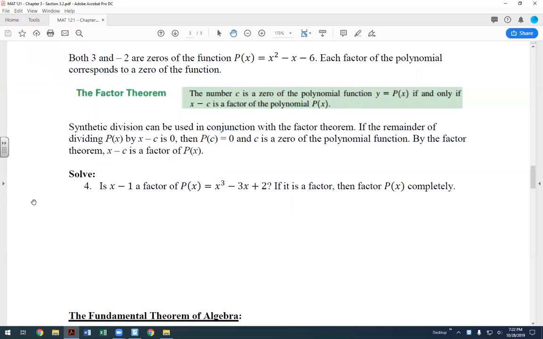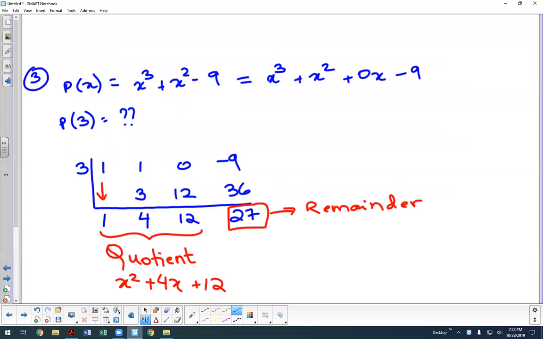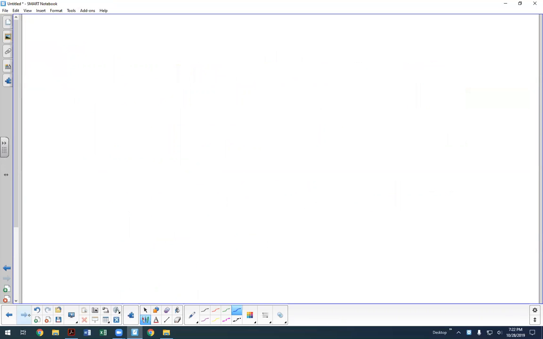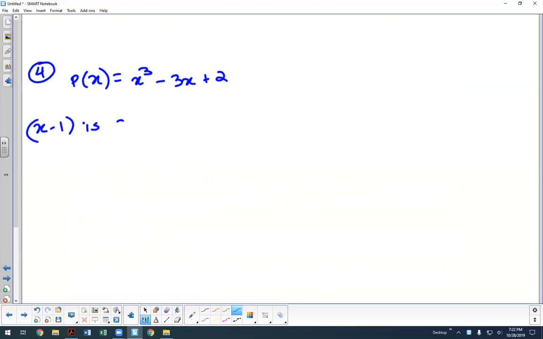So basically, anytime you're testing to see if a number is a factor, you're looking for that 0 remainder. That's basically what this little paragraph here is saying. So let's check and see what happens with number 4. So this time our polynomial is x cubed minus 3x plus 2, and they want to know if x minus 1 is a factor.